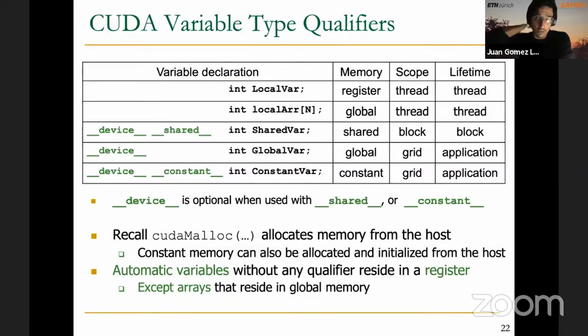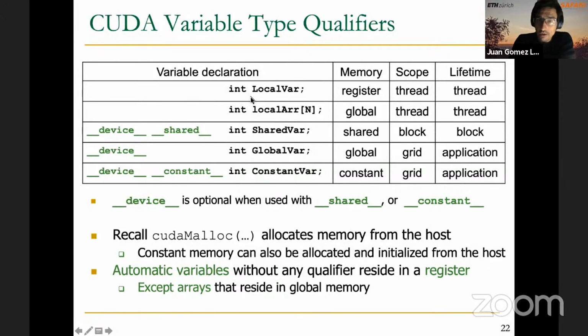Okay, so after explaining that and briefly introducing how the different memory spaces look from the hardware point of view, let's start talking about how to use these different memory spaces from the software point of view. Here you can see the different ways of declaring variables inside our GPU kernels. And one thing that we can do for sure is using automatic variables, like for example, this local var.